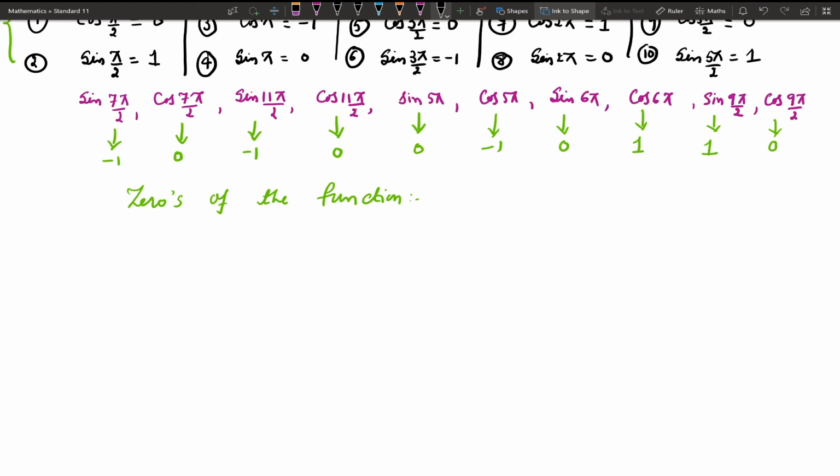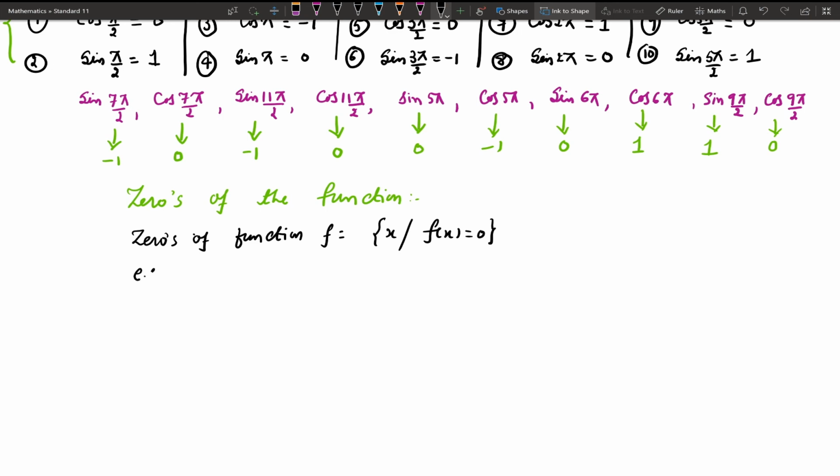Then the zero set of function f is the set of all points x for which f of x equals 0. This is called the zeros of the real valued function f: the set of all x for which f of x equals 0.